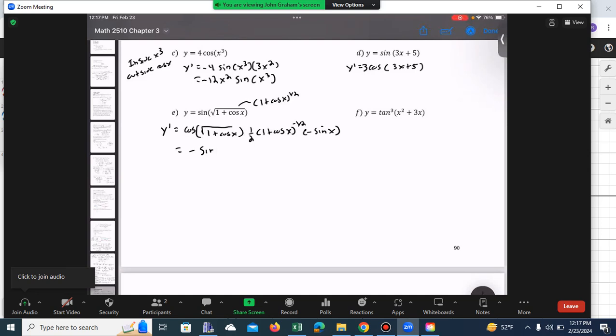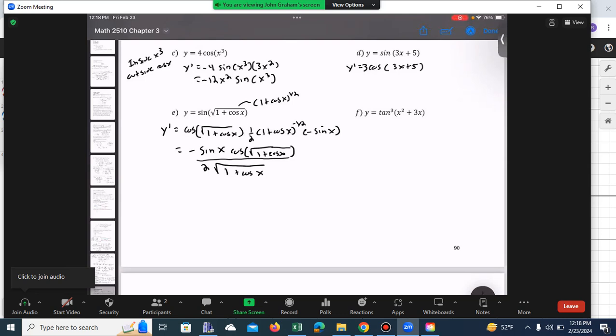Negative sine x times cosine of the square root of 1 plus cosine x over 2 times the square root of 1 plus cosine x. Now, these won't cancel. The top radical is in the cosine, so you can't just cancel them.